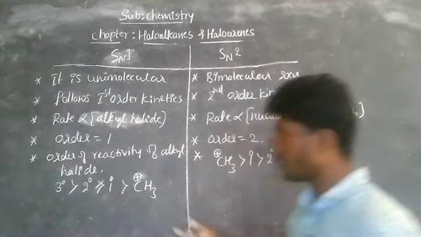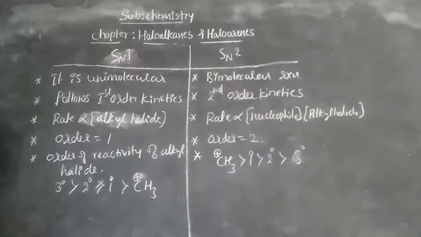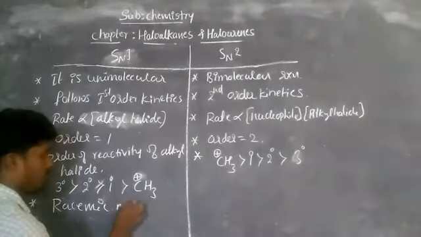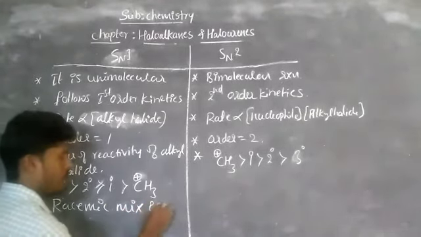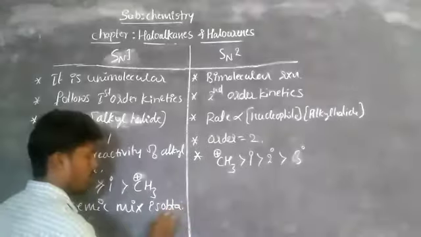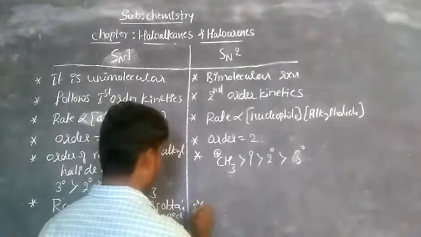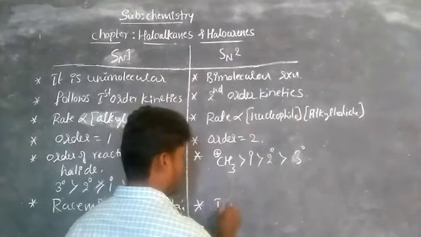Then in SN1 you get a racemic mixture, and in SN2 you get inversion in configuration.